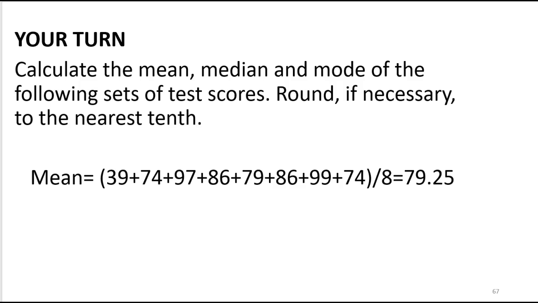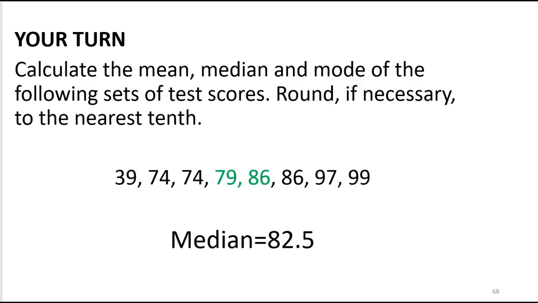For the mean, you want to add up all of the test scores and divide by the total number of test scores. There are 8 test scores in this data set, so we divide by 8, giving a mean of 79.25. To find the median, we're going to write the numbers from smallest to largest. Notice that the middle two numbers in this case are 79 and 86.